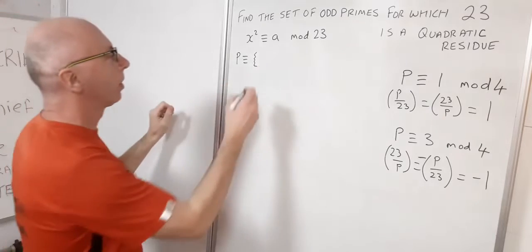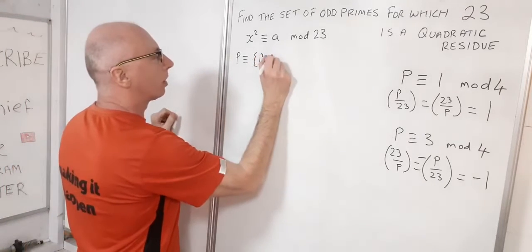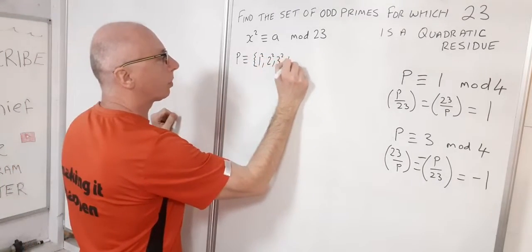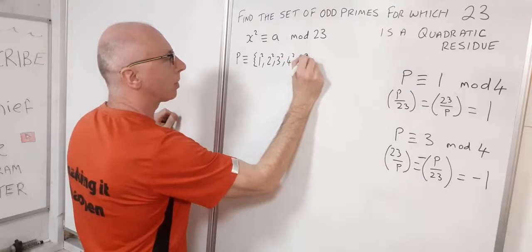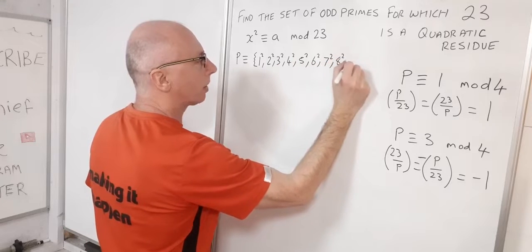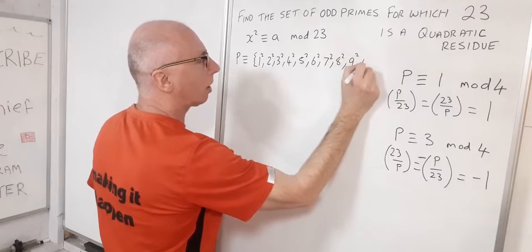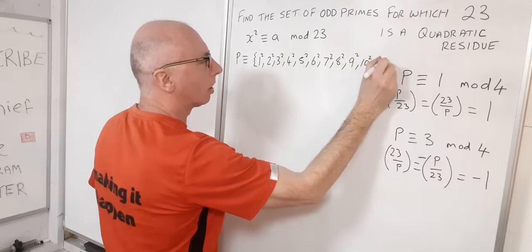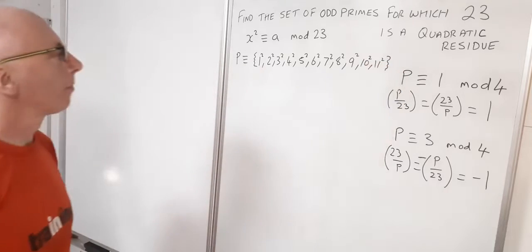So using 1, we've got 1 squared, 2 squared, all the way up to 11 squared, and then we can simplify these modulus 23. These will give us all our quadratic residues modulus 23.